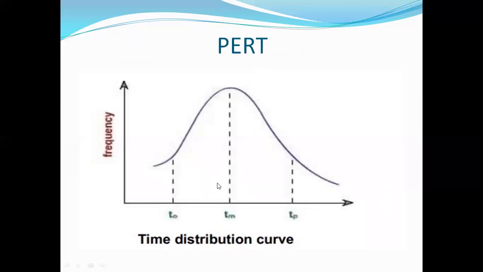How much the data is spread can be calculated with the help of the variance. The expected time is the single time which comes out from the probabilistic time. So here we can draw T naught, Tm, and Tp on the normal distribution type of curve.